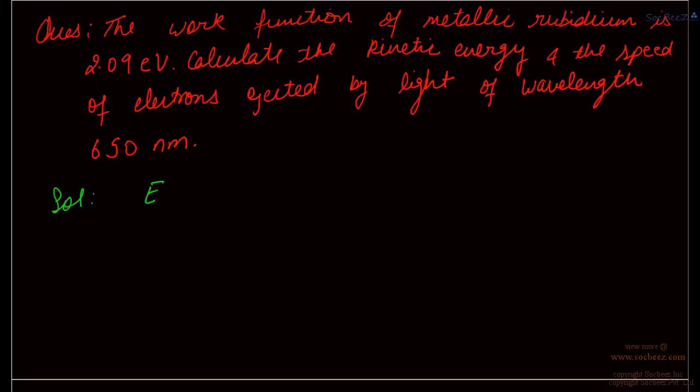Okay, so we know that E of photon equals phi, that is the threshold energy, plus Ek, that is the kinetic energy of that particular electron. We also know that energy of photon is h into nu.